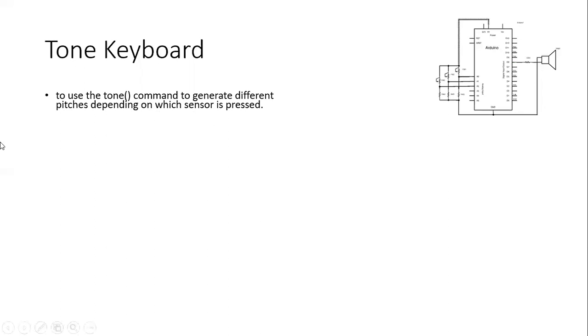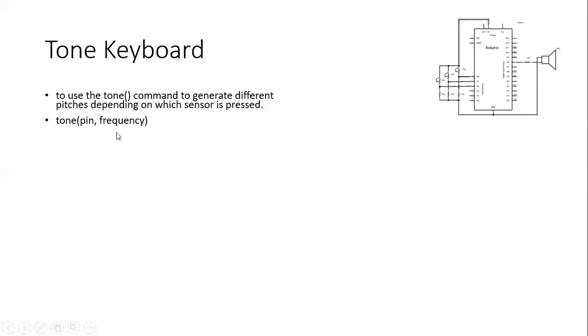Okay, so by using this tone command, tone is basically a function which has two to three parameters. One is called a pin number and the other one is a frequency.